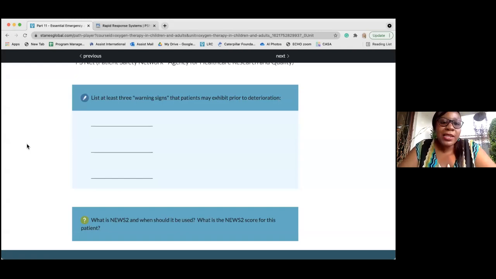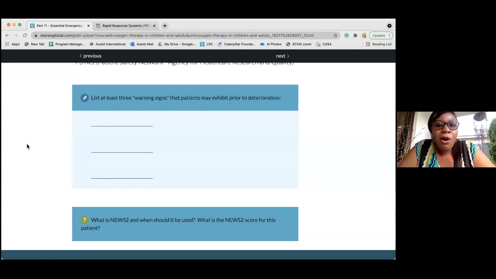If your patient changes mentation, that is also an acute change in mentation, is also an early warning sign. A urinary output of less than 50 cc's in 4 hours is also a red flag.